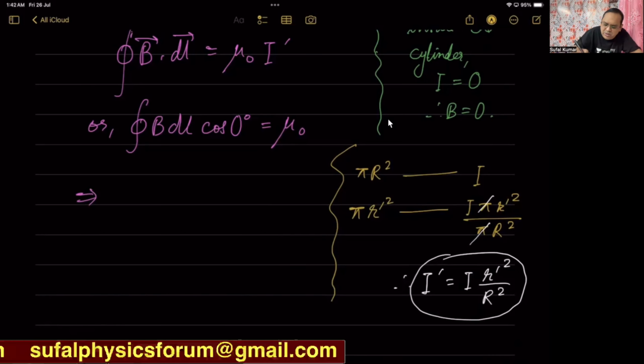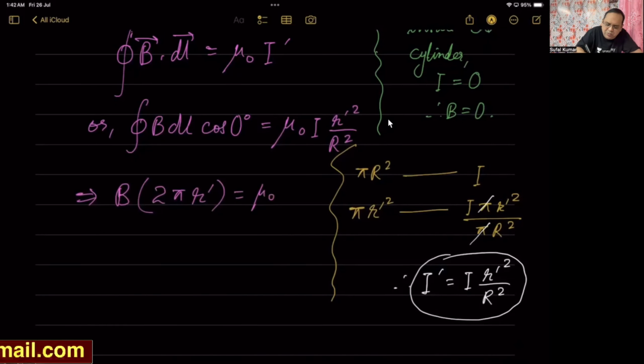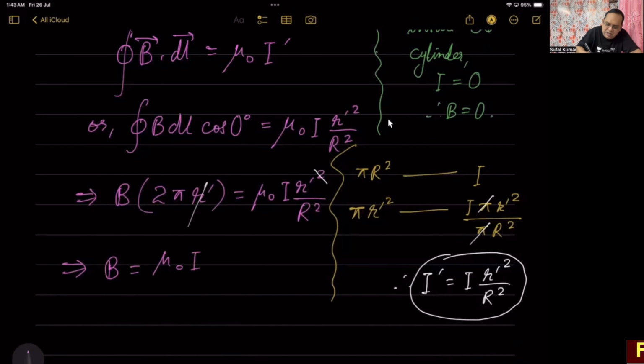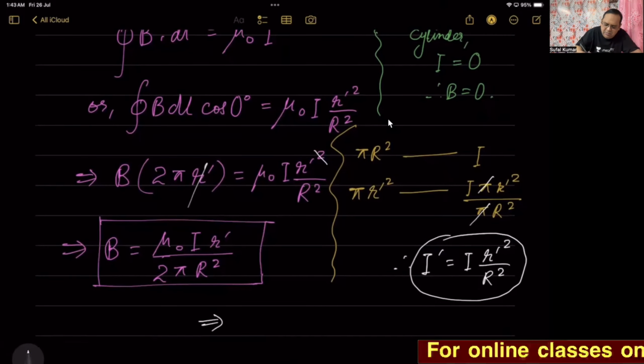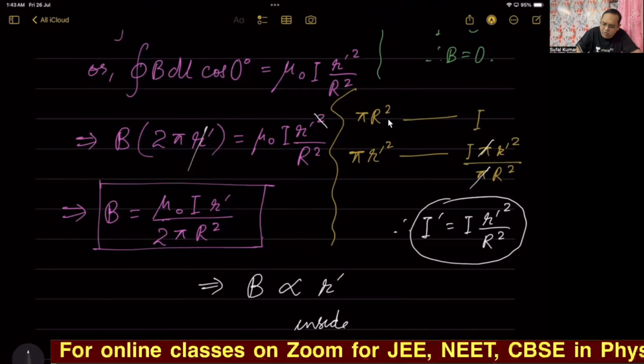Coming back, mu naught I dash is B times 2 pi r dash, so B is mu naught I r dash upon 2 pi r square. It implies that B is directly proportional to r dash for inside.